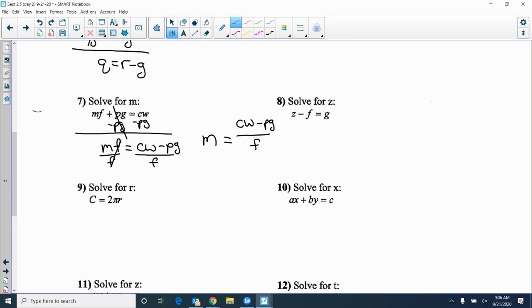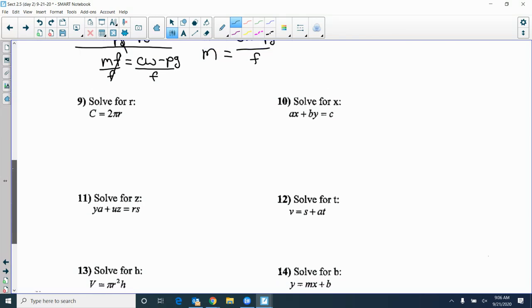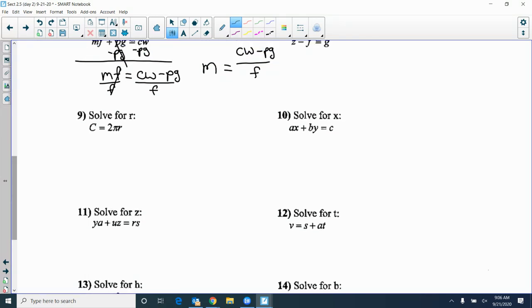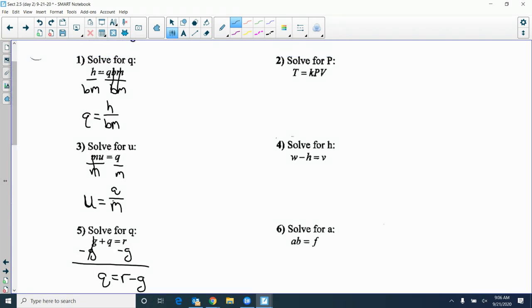A couple more here. We're gonna solve for R, but now we add in a number. Again, all the properties, everything else just stays the same. So I have C equals 2 pi R. Great, you wanna help me out again? Divide by 2 pi. All right, nice job. Again, just like we had in the first one, I have these variables here that are preventing the R from being by itself.